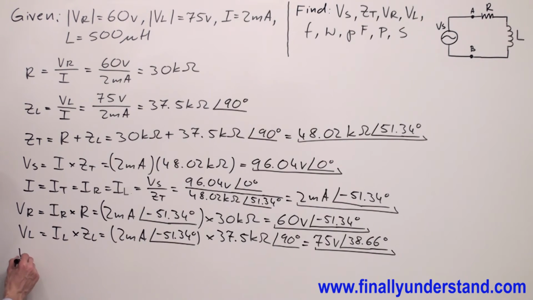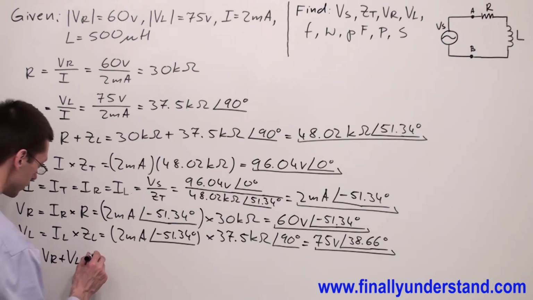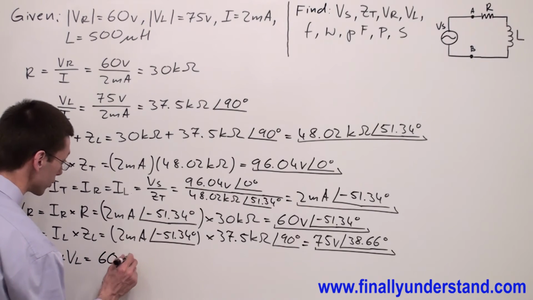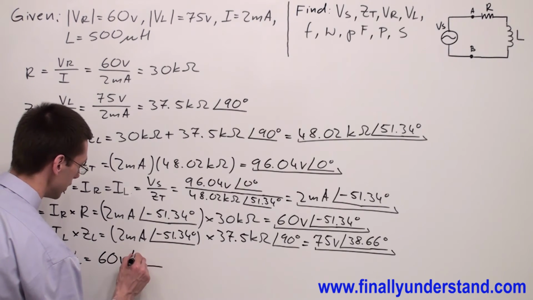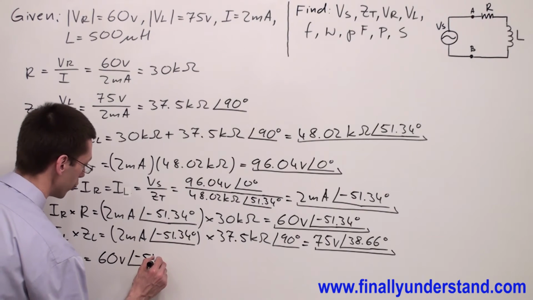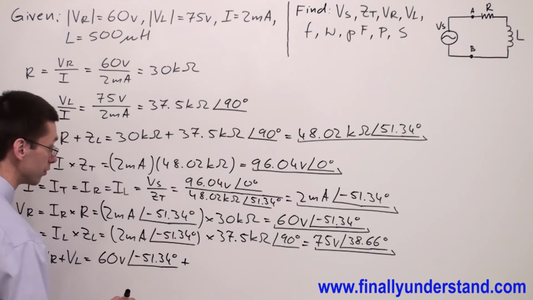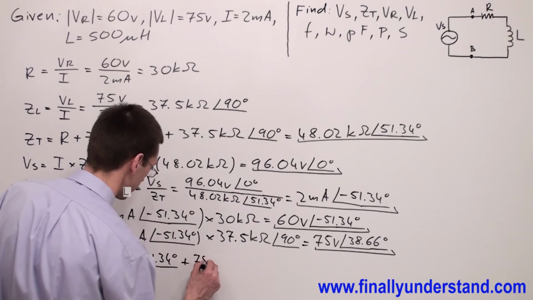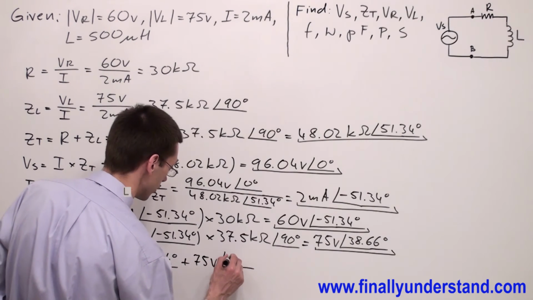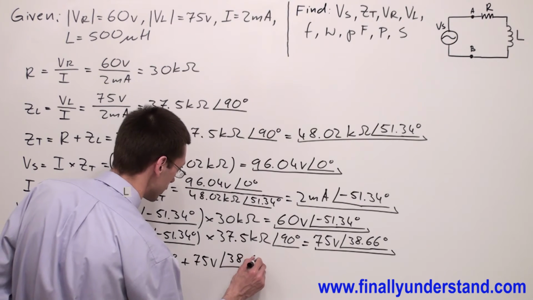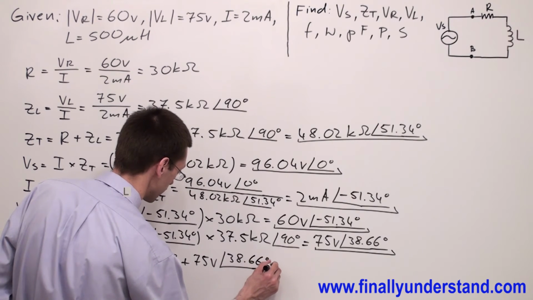So we have voltage source is equal to VR plus VL, where VR we found is equal to 60 volts and angle of negative 51.34 degrees plus VL, which is equal to 75 volts and angle of 38.66 degrees.